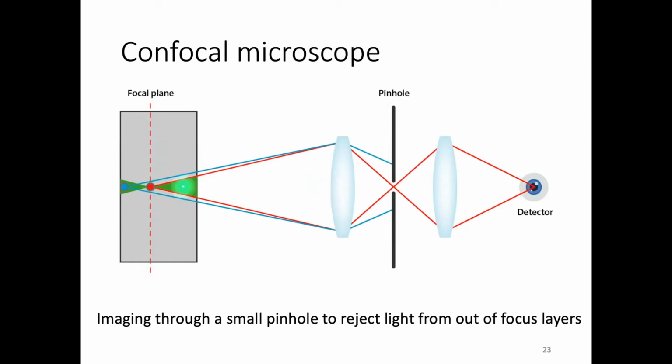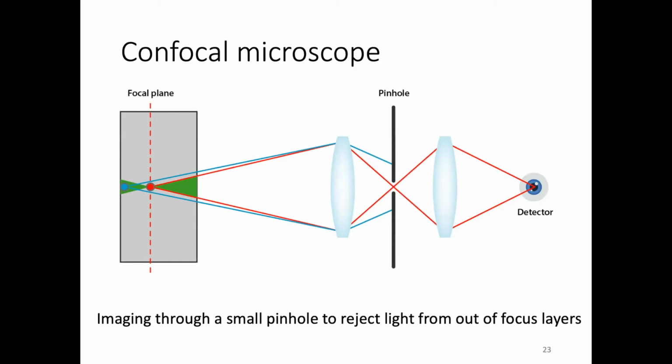So here's where my objective has its focal point. And you can see that the red light goes through the lens, and it goes through this pinhole and then onto the detector, whereas the blue light is from a different focal plane, it will be rejected by the pinhole. So that light doesn't go through the pinhole. So in confocal microscopy, you can look at a very thin slice of your sample.